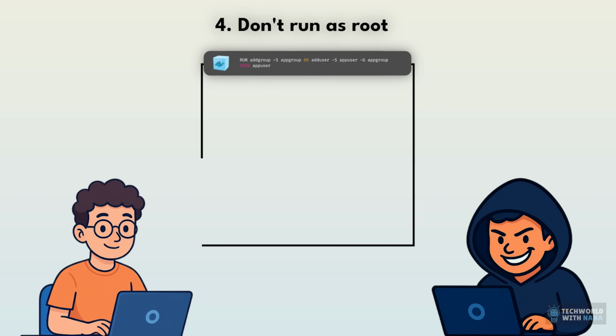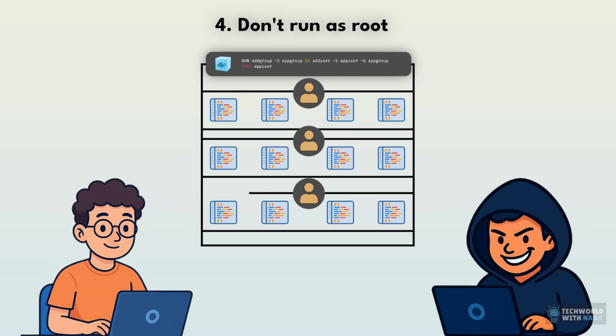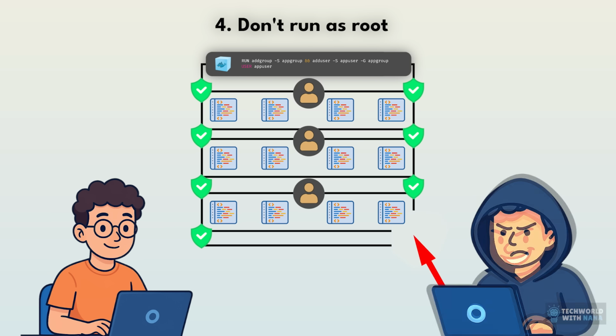So best practice is to create a dedicated user in your Dockerfile with simple Linux commands, and then use the user directive or instruction to switch to it. This way, if someone exploits your app, they're trapped in a limited sandbox without permissions to access the entire host system or other containers in the network.